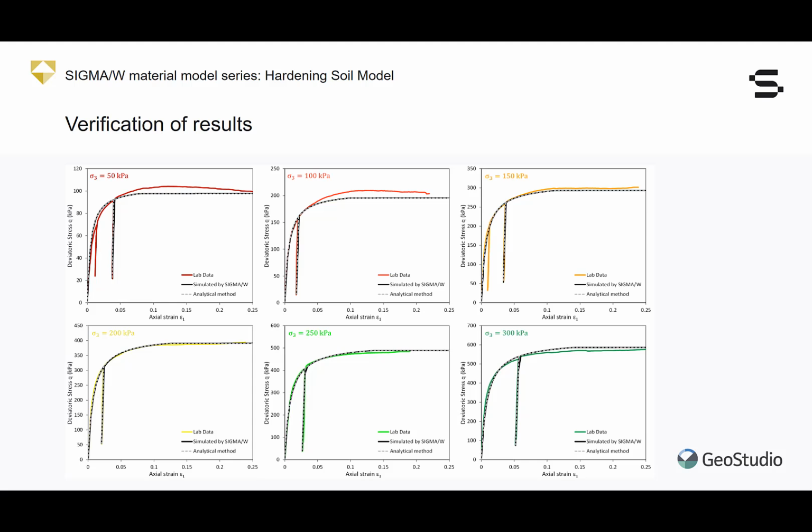The full compatibility of the analytical and simulated solutions verifies the implementation of the hardening soil model in SIGMA/W. In addition, the acceptable consistency between the lab data and the simulated response confirms that the hardening soil model, with carefully parameterized material constants, can capture the stress-strain response of the Ottawa sand.